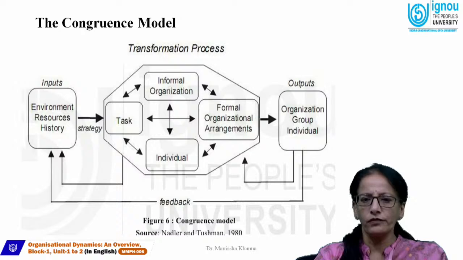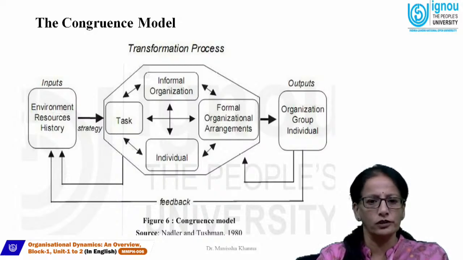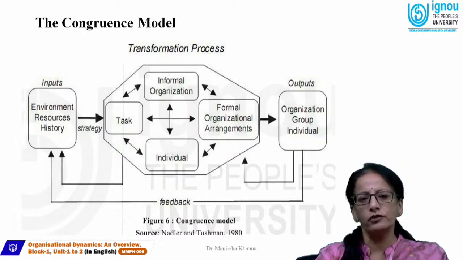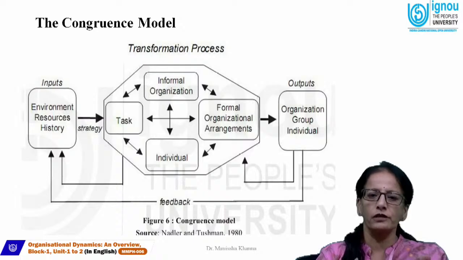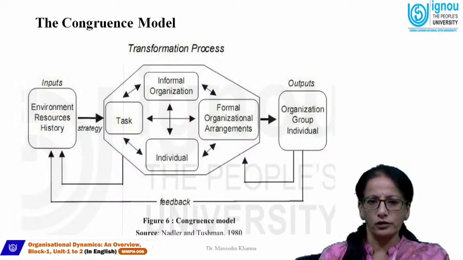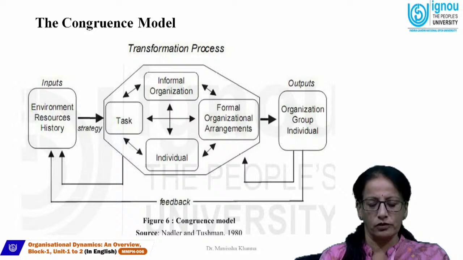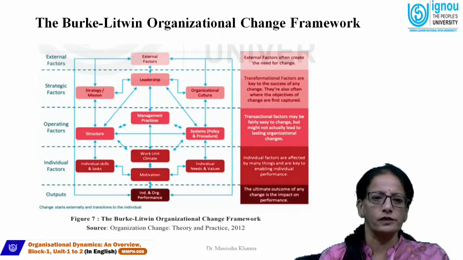It also gives feedback to strategize the internal system which relates with the task, the people of an organization and the organizational elements. So this is a cycle which goes on from input to output. Within that there is a transformation process, and it completes after the feedback is given to the strategic team to work further for further organizational efficiency.